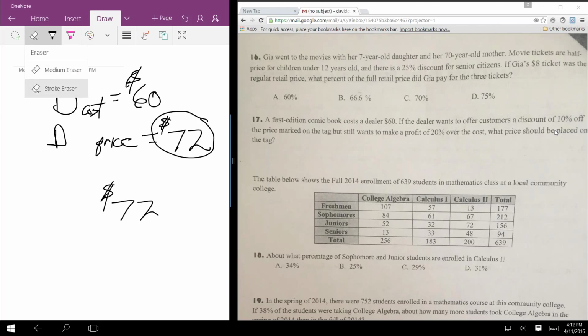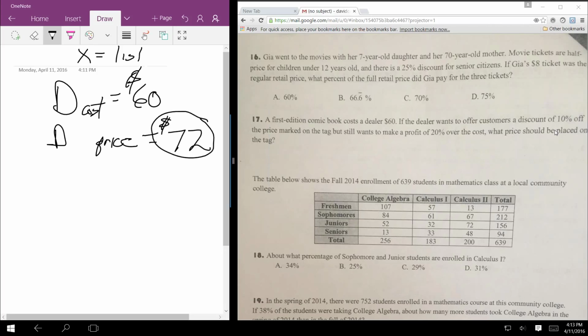So, if I want to set this up algebraically, here's what I need to do. Let's go back and define the variable, x. What's x going to equal? x is going to equal the listed price. Sound like a good thing to make x?